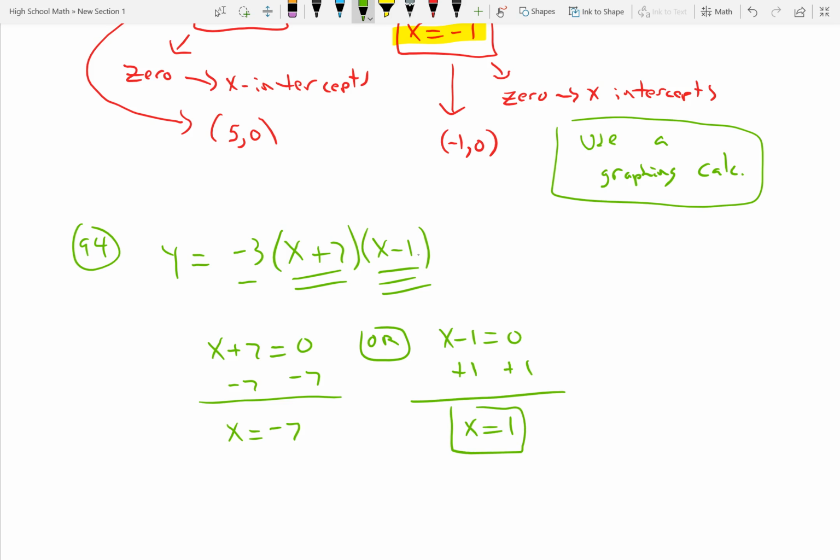If we took these values and substituted them into this equation, the corresponding y would be 0. Substituting 1 for x, 1 minus 1 is 0, and 0 times anything would equal 0. Number 94, the zeros are x equals negative 7 and x equals 1.